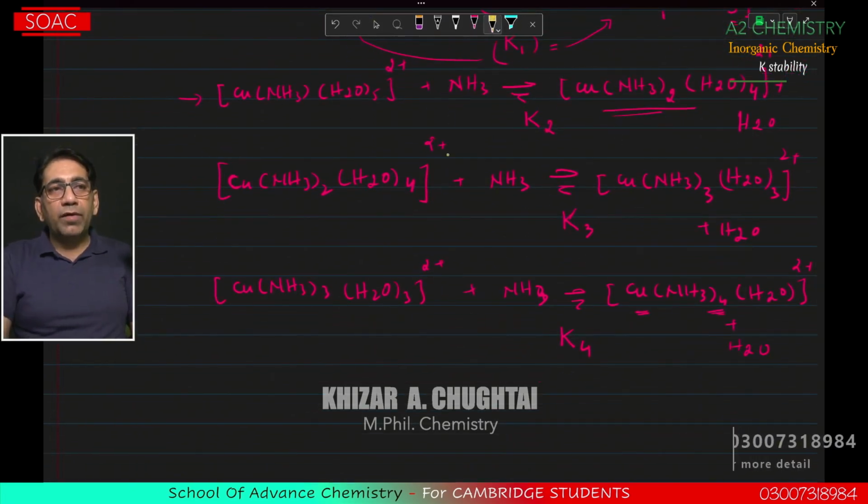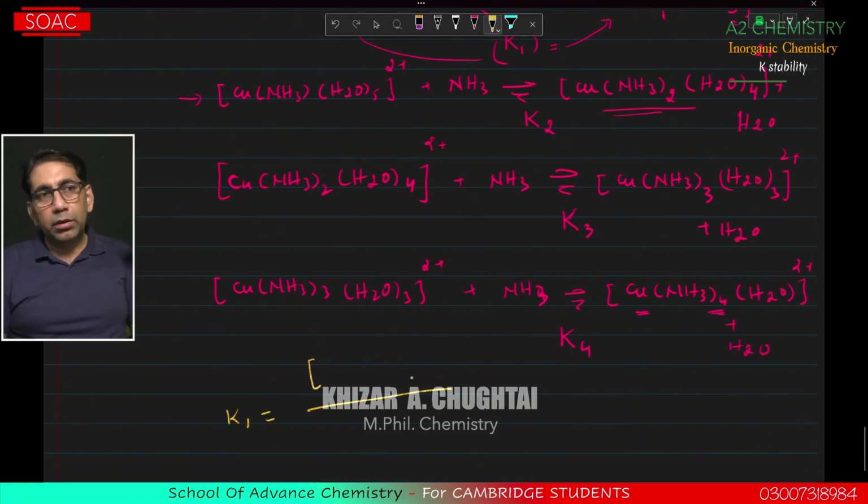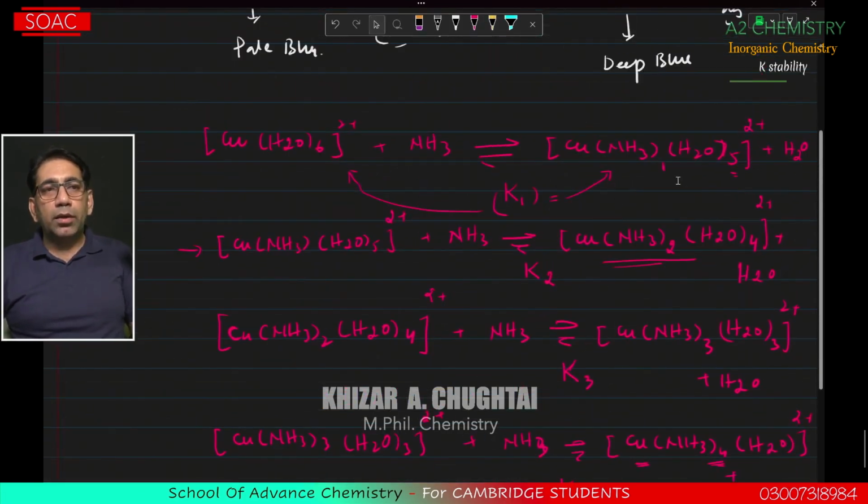In K1, here I am going to write the products over here, and products mean the complex and water molecule. These are called the products. And these two species are known as the reactants.